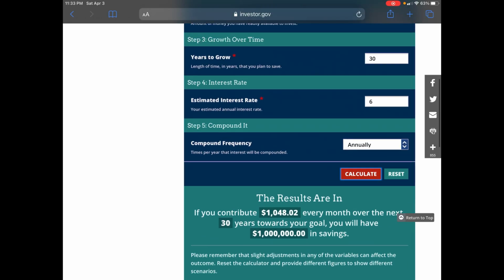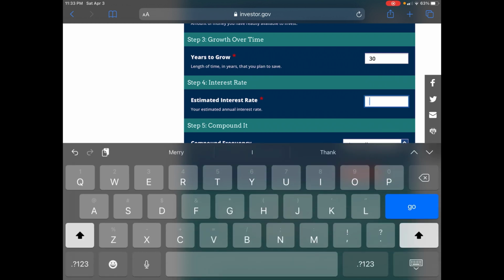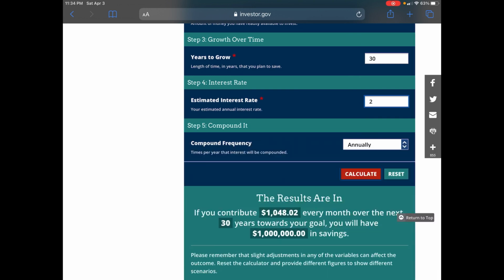Now let's try to recalculate, because right now I don't think there's any 6% for savings account, not even in a money market account. Or maybe CDs have, but let's say for example you have 2%. So let's see how much money we have to put in every month in order to reach $1 million in 30 years.